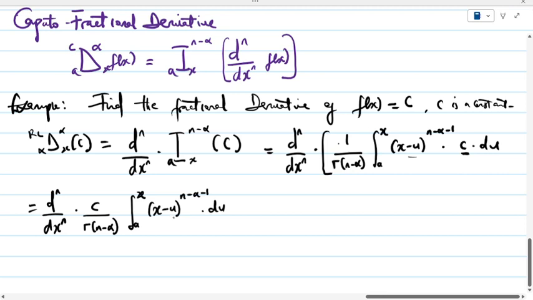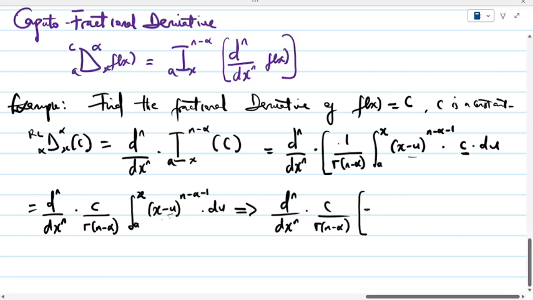So integrating using the substitution method, we have d^n over dx^n, c over gamma of n minus alpha. If we differentiate x minus u, that will be minus 1.